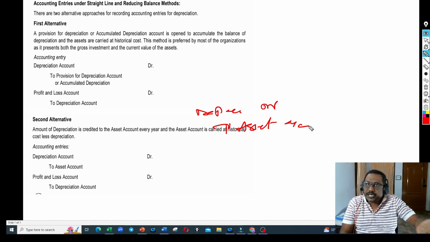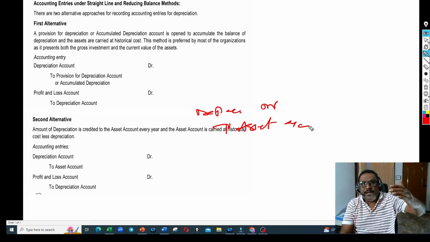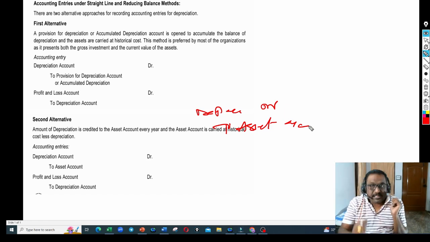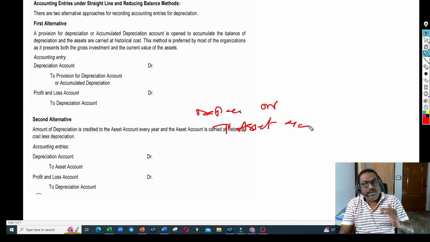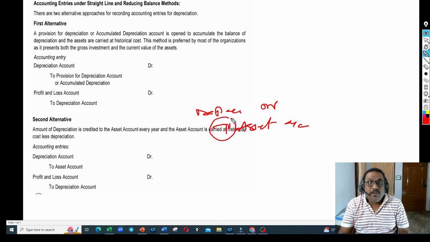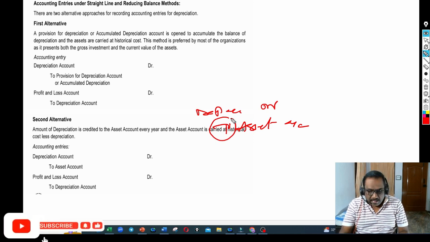In the previous version, we debited depreciation and credited accumulated depreciation instead of crediting the asset. In this method, we are debiting depreciation because it is a loss, and instead of crediting accumulated depreciation, we are crediting the asset account.